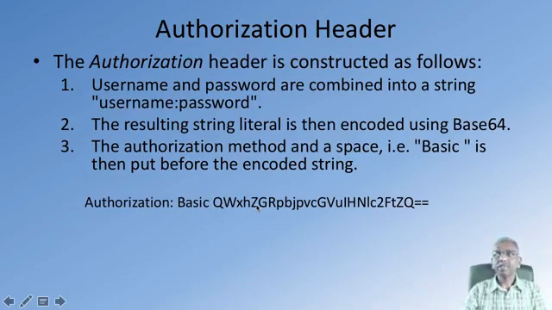So when this is received by our server, the server will extract the username and password from here and then verify whether that matches an authorized user on the server side.